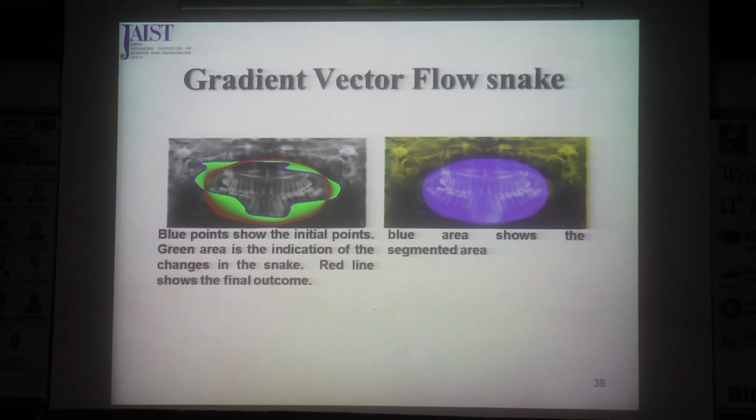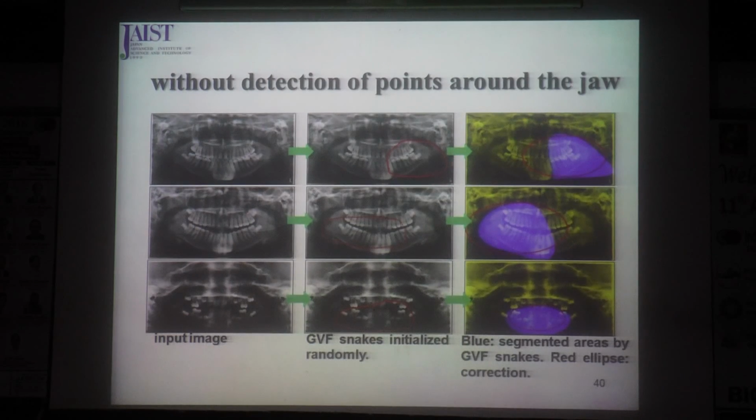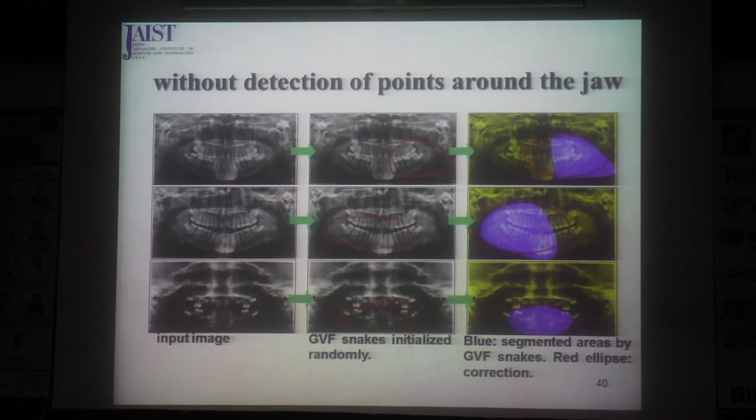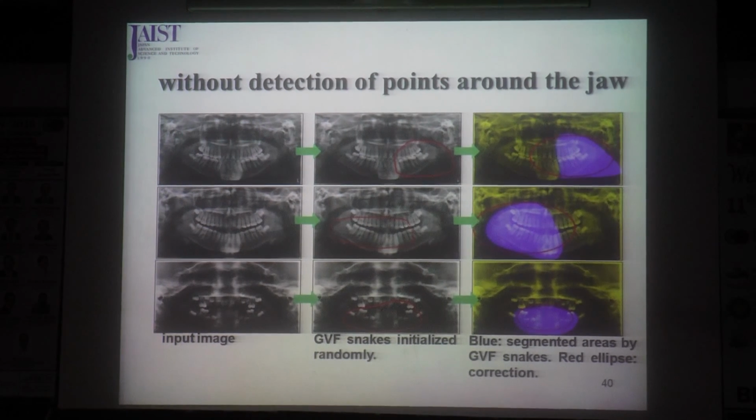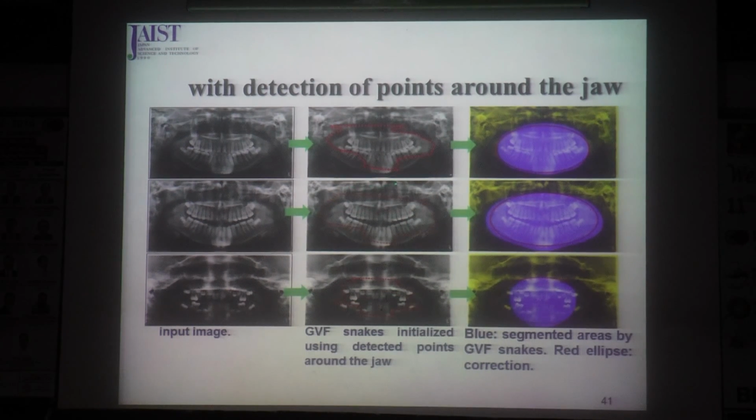But simple application of the snake algorithm will result in failure, something like this. These cases are examples of failure cases that fail to include all the area of the teeth. But by applying the initial points so that they include the jaw, the GVF snake succeeds in including all the teeth in the overall area like this.